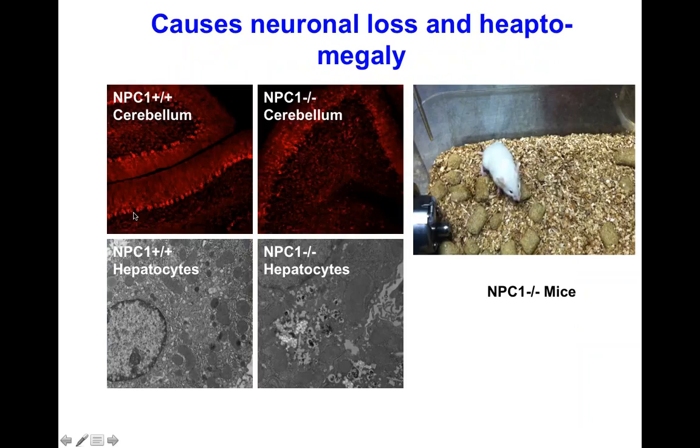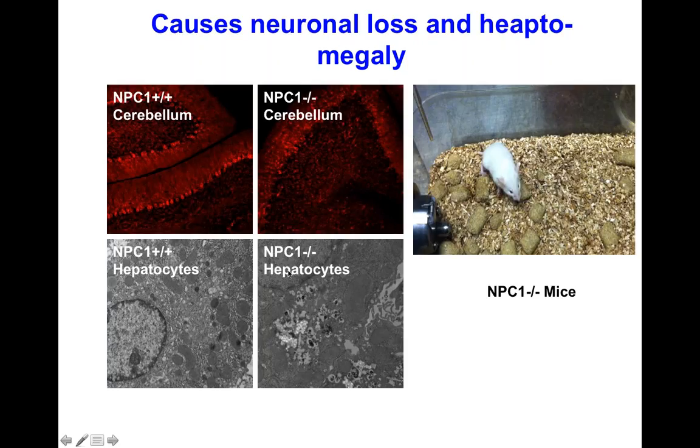If you look at the wild type brain of a mouse model, you see these grape-like Purkinje structures. In the absence of NPC1, they're completely gone.